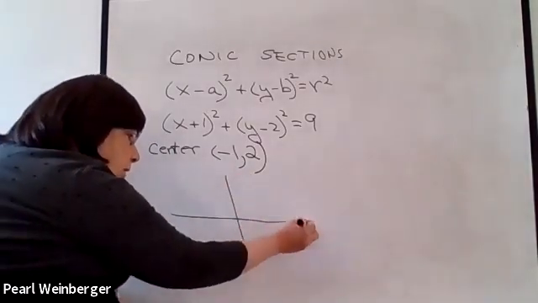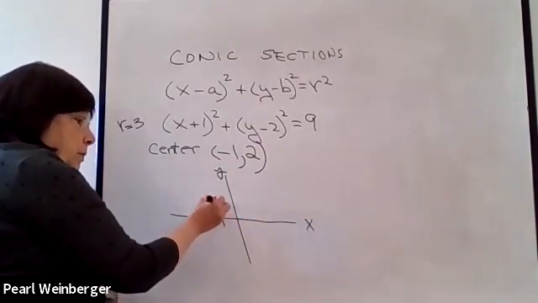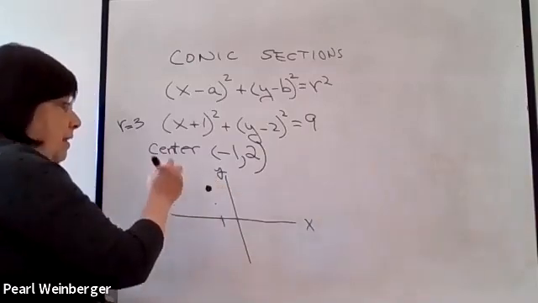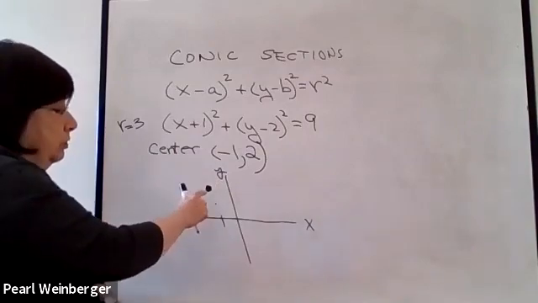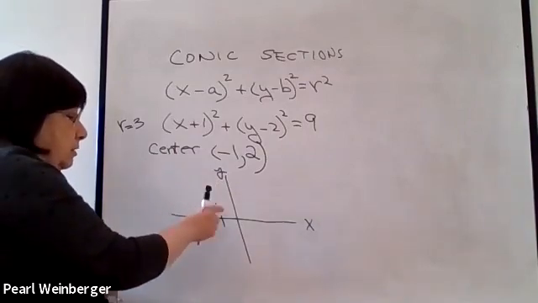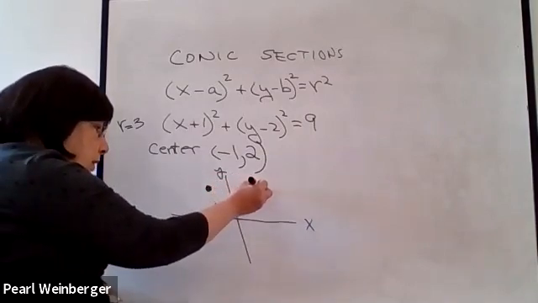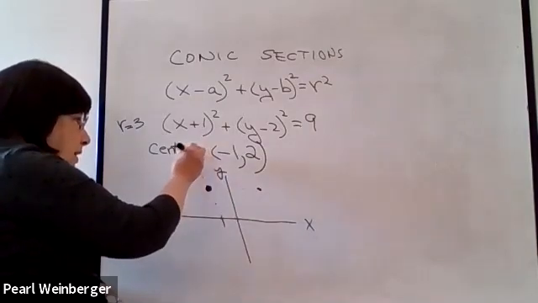If I want to draw it, well, let's see how we're going to draw it. I first locate the center, which is the point (-1, 2). And then I count 3 in every direction from this center. Here to the right, 1, 2, 3. Up, 1, 2, 3.